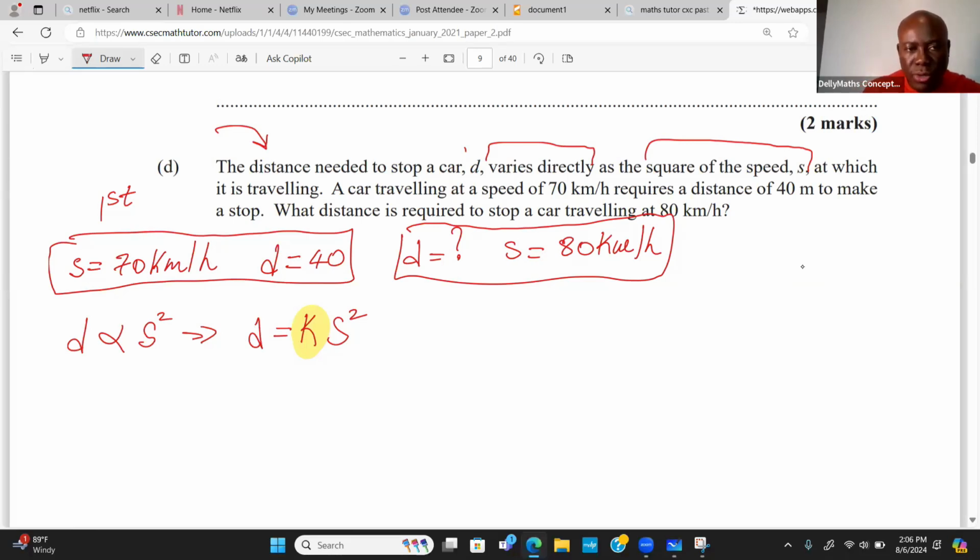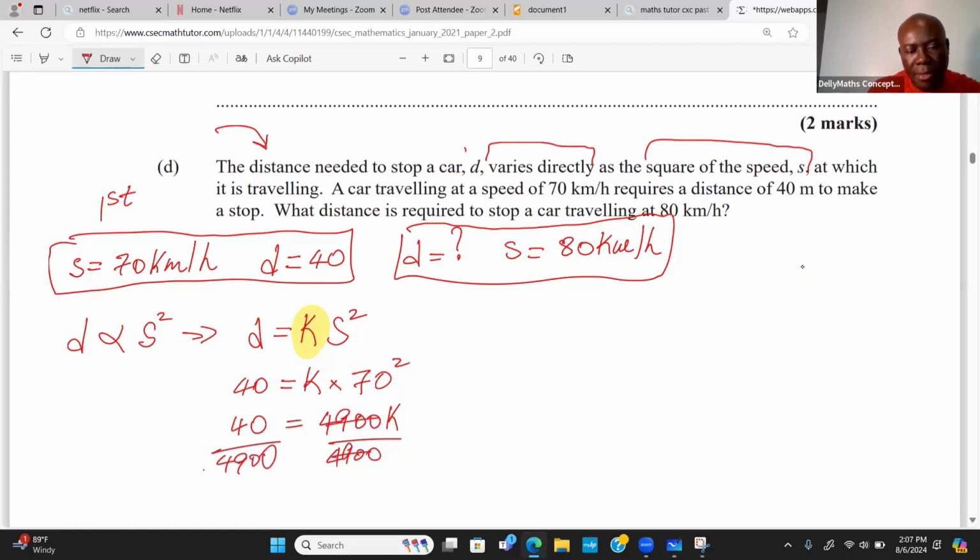So we're going to substitute 40 for D. We're going to say 40 is equal to K times 70 squared. So I'm substituting right there. 70 squared is going to give us 4900 times K. In an effort to find K, I'm going to divide everything by 4900.